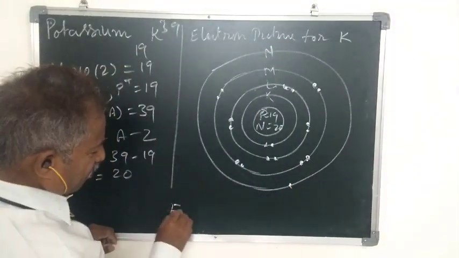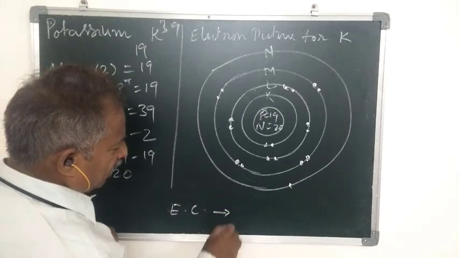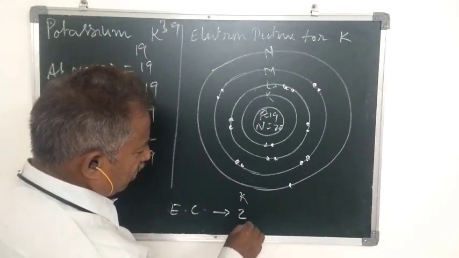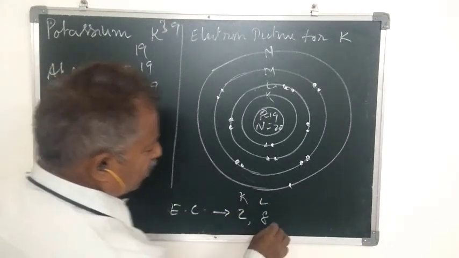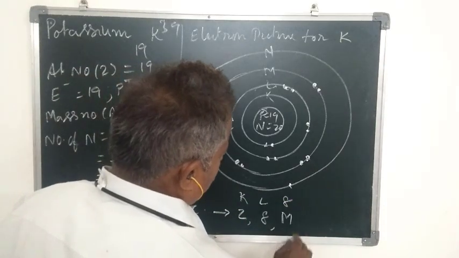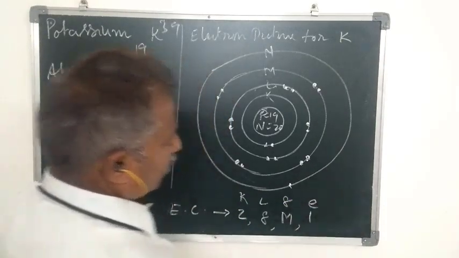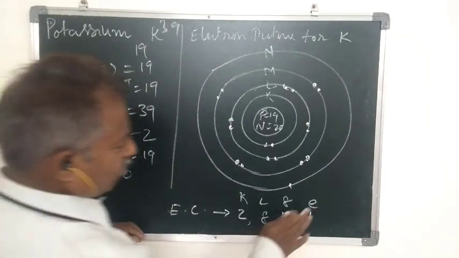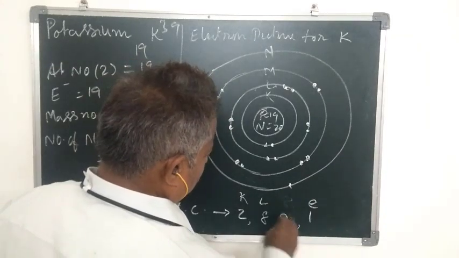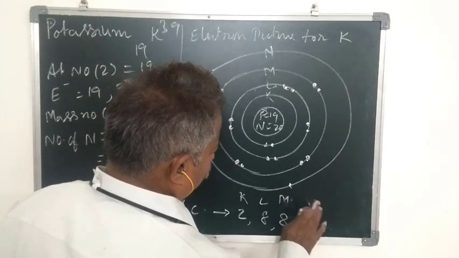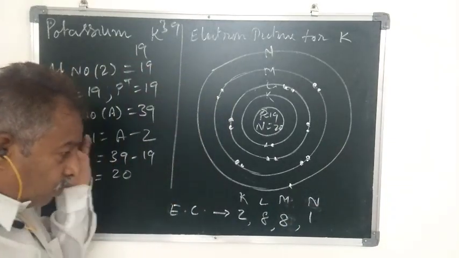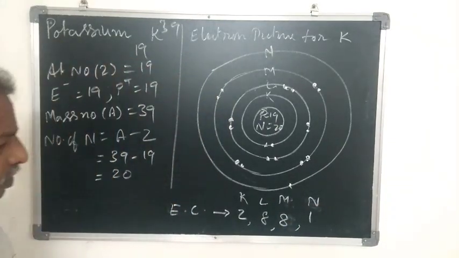Now, what is the configuration? Electronic configuration you can write as 2 electrons in K shell, 8 electrons in L shell, 8 electrons in M shell, and 1 electron in the fourth shell. K, L, M, and of course this is N. So 2, 8, 8, 1.